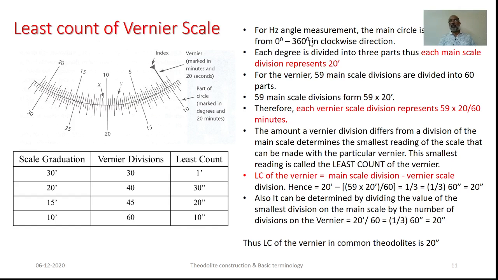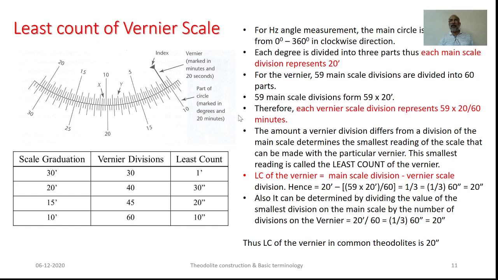For horizontal angle measurement, the main circle is graduated from 0 to 360 degrees in clockwise direction. The way we discussed here, each main scale division represents 20 minutes.